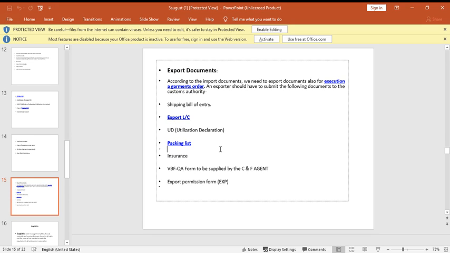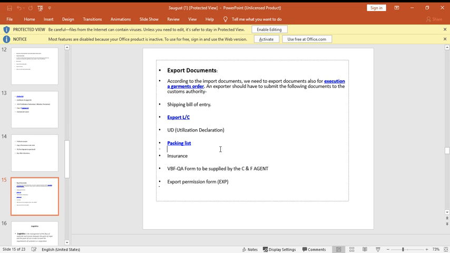Coming to export documents. Export documents are according to the import documents. We need export documents also for execution of a garment order. An exporter has to submit the following documents to the customs authority.